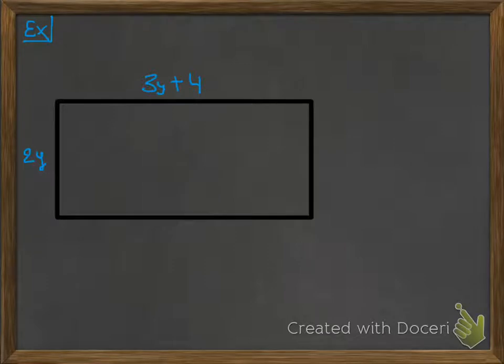Now let's try and find the area of this shape. So I can express this in a polynomial. I do 2y times 3y plus 4. So to do this out, I distribute that through, and notice I have a y and a y.